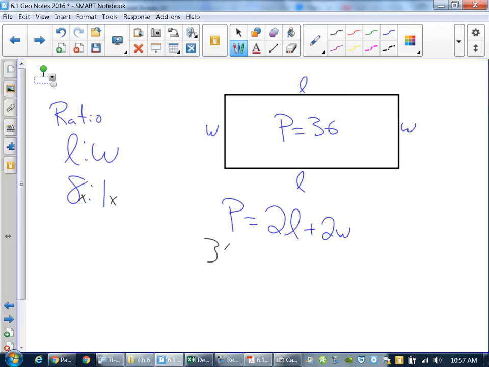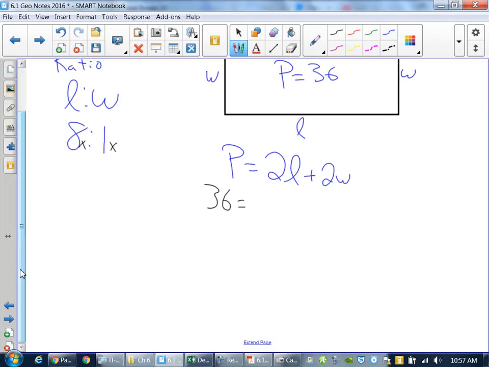So 36 will equal 2 times the 8x plus 2 times the 1x. There is really not a lot going on. It just looks weird.